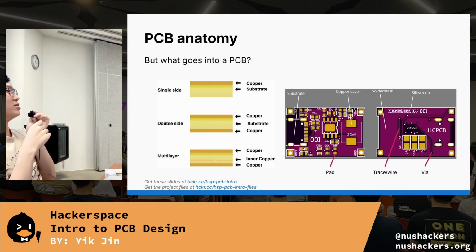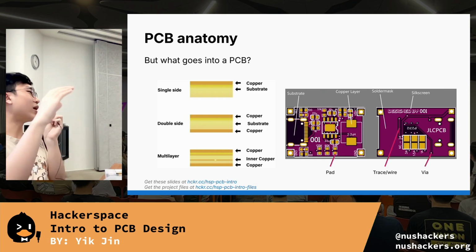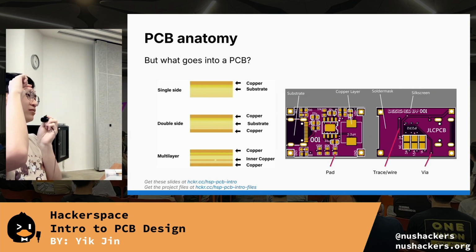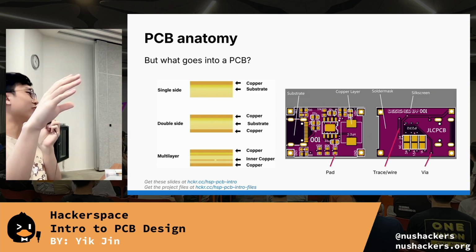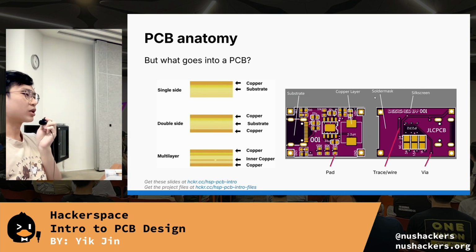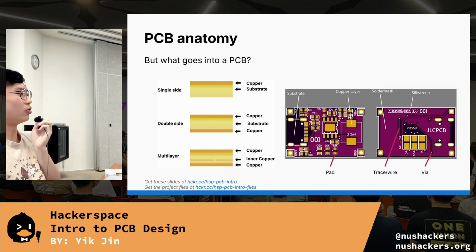But what goes in a PCB? You need to understand this before you design a PCB, or else you don't know the different technical terms that are being used. Very simply, a PCB might have a single layer of copper or multiple layers of copper. Most commonly they are either double-sided or have 4 layers. But something as complex as a computer motherboard may have up to 32 layers, for example.